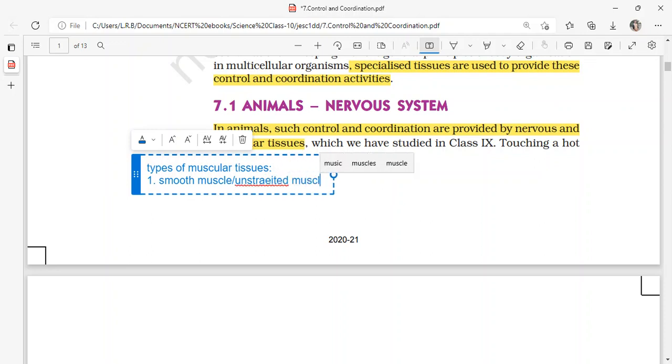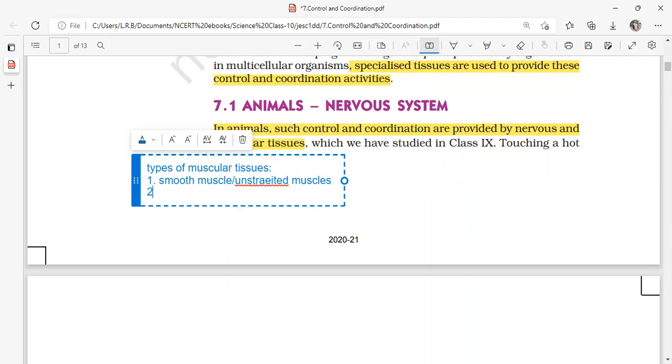And the second type of muscle in our body is the striated muscle, which is also called skeletal muscle. Skeletal muscles are associated with the skeletons of our body, or the bones of our body, and help in voluntary movement.